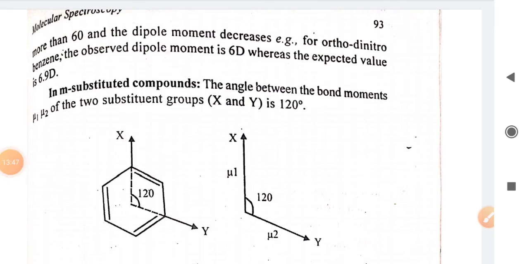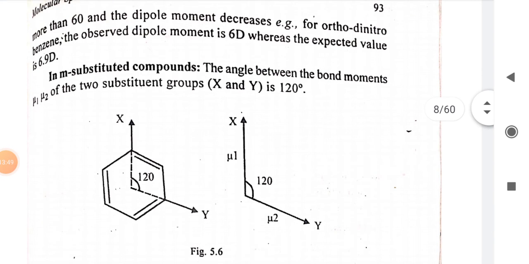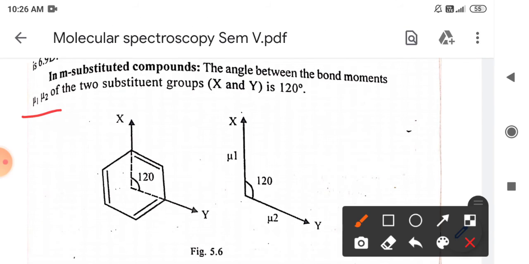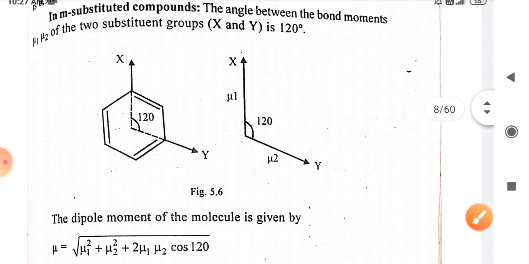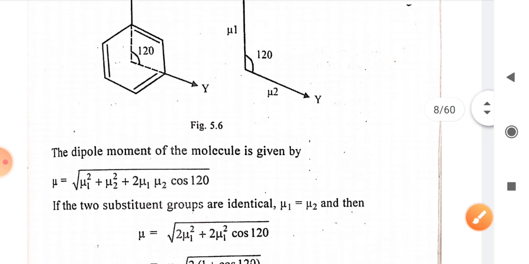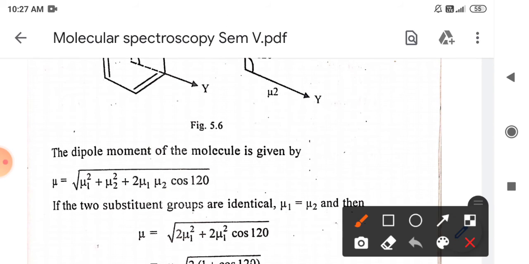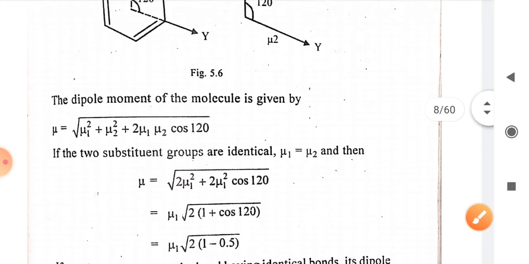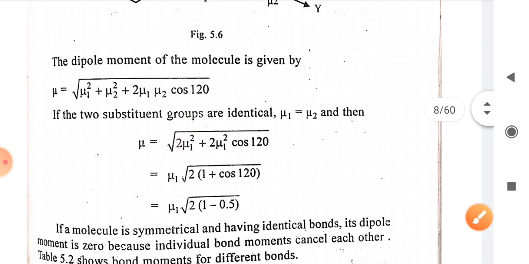Now consider the meta substituted compounds. In meta substituted compounds, the angle between the bond moments mu1 and mu2 is 120 degrees. The dipole moment of the molecule is given by the same formula: mu1 square plus mu2 square plus 2 mu1 mu2 into cos of 120, where 120 is the angle between the two meta substituents.